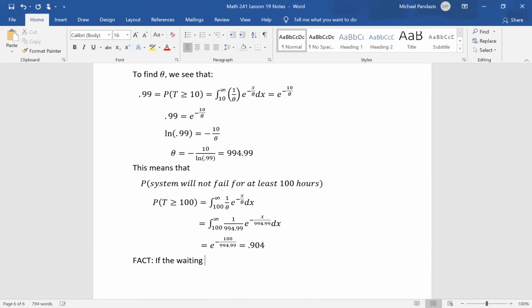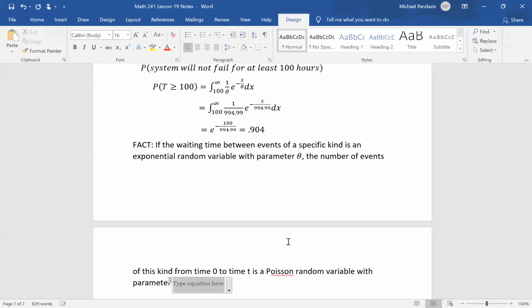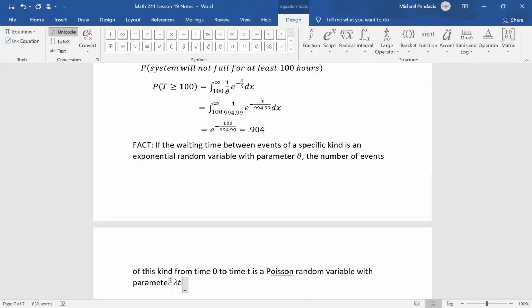If the waiting time between events of a specific kind is an exponential random variable with parameter theta, the number of events of this kind from time 0 to time t is a Poisson random variable with parameter lambda t, which equals 1 over theta times t.